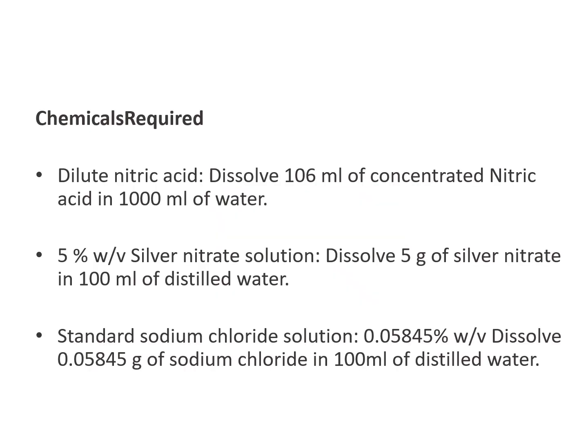Next, the chemical requirements for this procedure: dilute nitric acid. 106 ml of concentrated nitric acid is dissolved in 100 ml of water to form the dilute nitric acid, and 5% weight by volume of silver nitrate solution. That is, dissolve 5 gram of silver nitrate in 100 ml of distilled water.